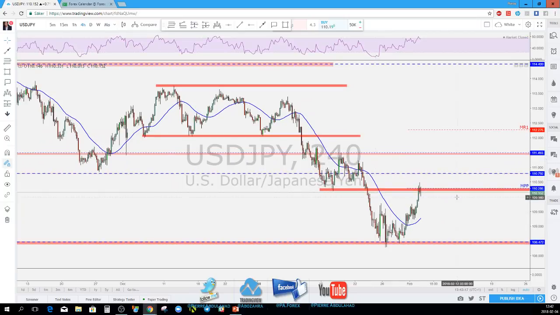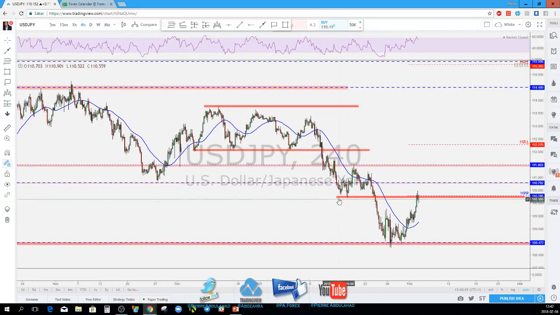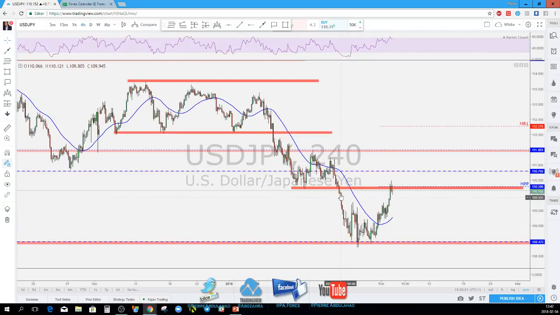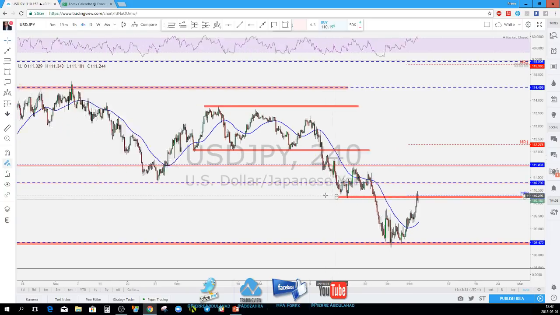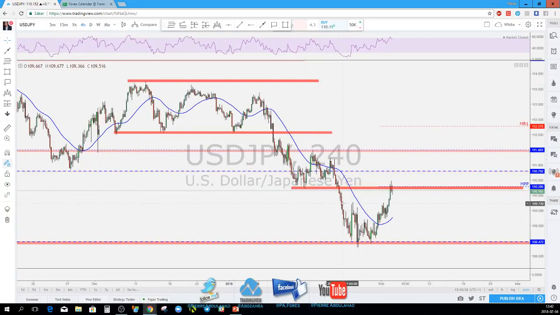As you see, if we go down to the 4 hour, you see it better. The trend is still a downtrend, but now we did actually break above this neckline here, and we're meeting some resistance at the monthly pivot point and this previous structure, yeah. So we still have this range going on now.